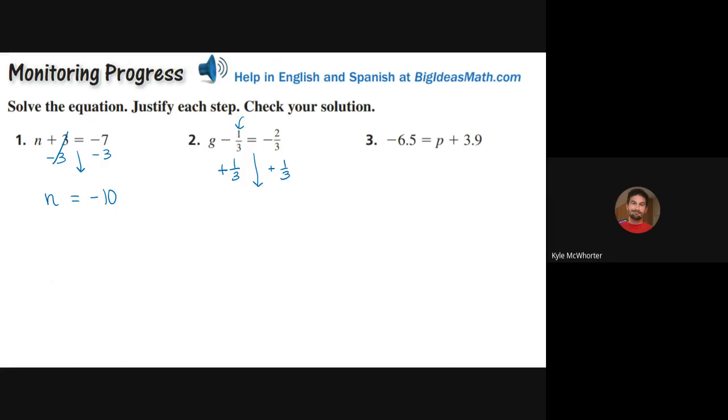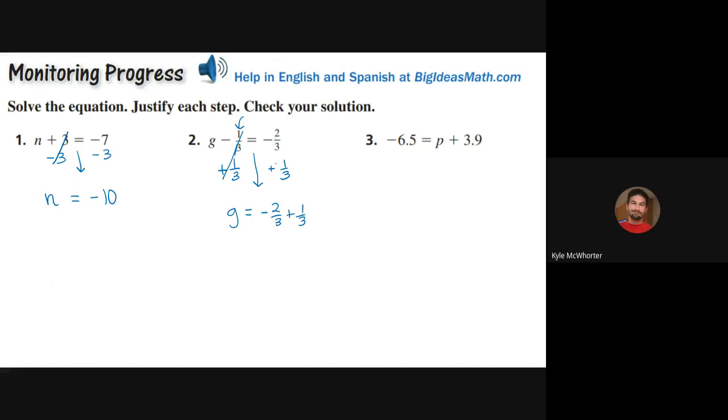And then the inverse operations undo each other, so we're just going to have g left over here. If the operation over here isn't easy to do in your head, you can just write this is -2/3 plus 1/3. I'm not used to adding fractions vertically for some reason; my brain doesn't like to see vertical added fractions.